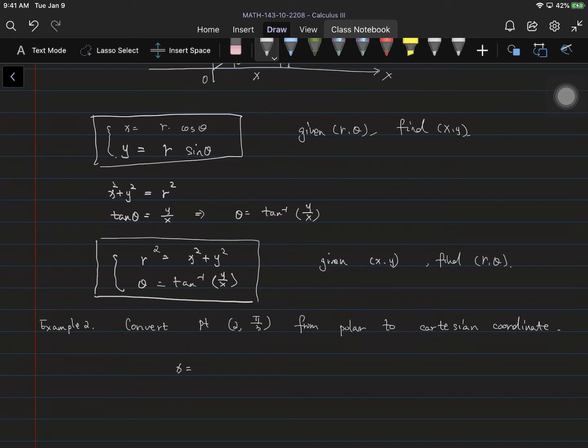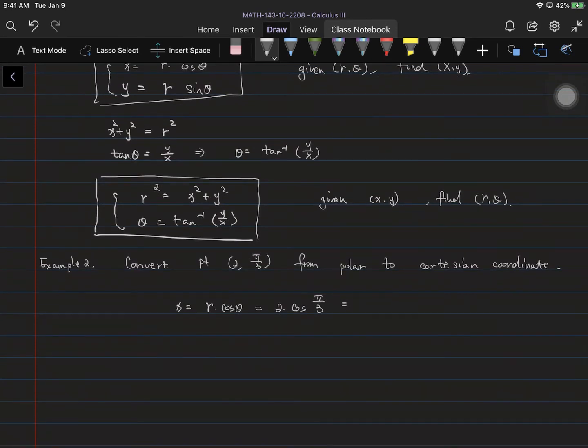So x equals what? r cosine θ. Plug in. r is 2, cosine π over 3. Here we do need to know the sine and cosine for some common angles. Okay, I will give you a table later.